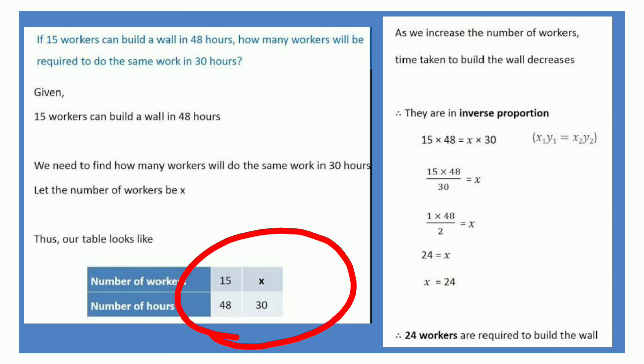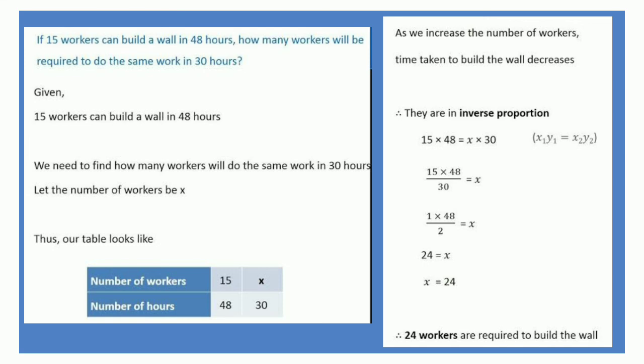So what are the given measurements? Number of workers, that is 15. So number of hours, that is 48. Okay. Then again the number of hours is reduced to 30. 48 is reduced to 30. So decreasing. So that time the number of workers will be increasing. We have to assume the number is x.